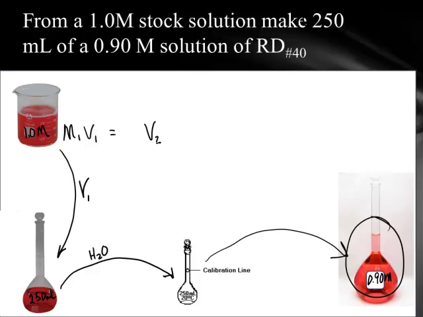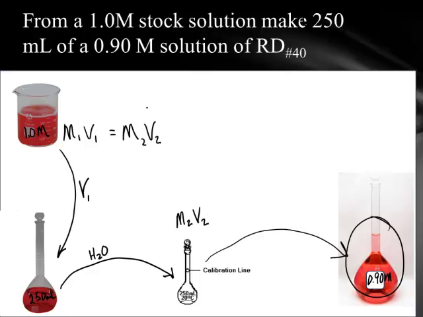How many milliliters did we want for this final volume of our solution? 250 milliliters. And M2, we could think of this as solution number 2 that we're making. Solution number 2 that we're making here, we'd think of as M2 and V2. And we want the molarity to be 0.9 molar.